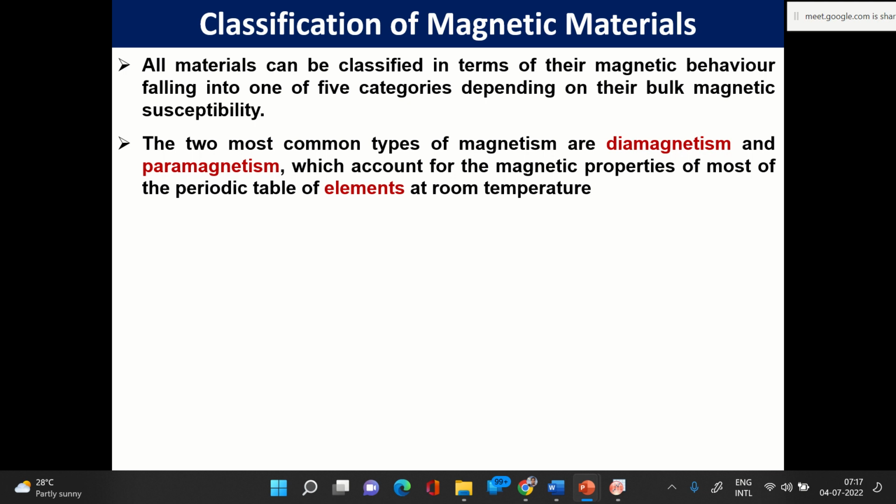So a diamagnetic material is one in which all the spins are paired, and when you put such a material in the magnetic field, it is slightly repelled, very very slightly, and it will move away from the magnet.